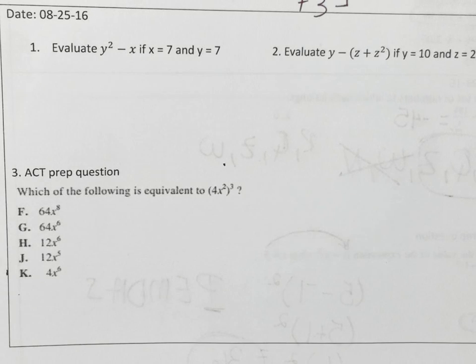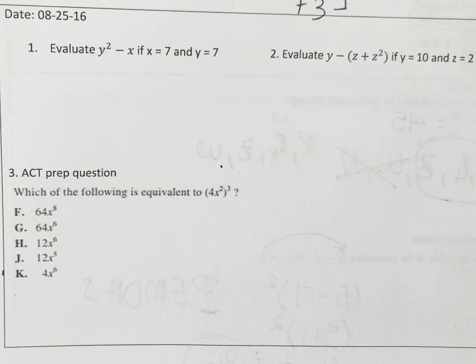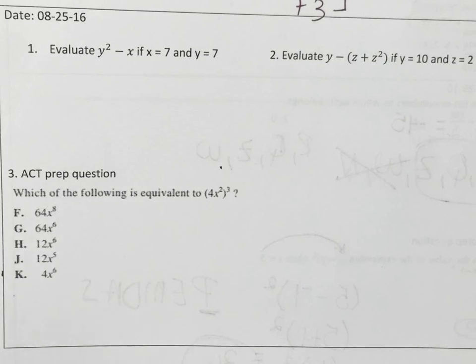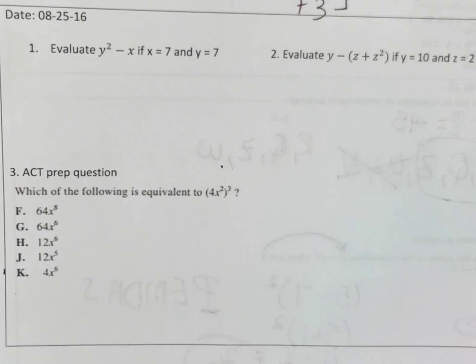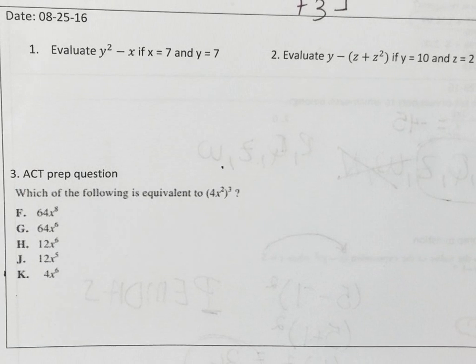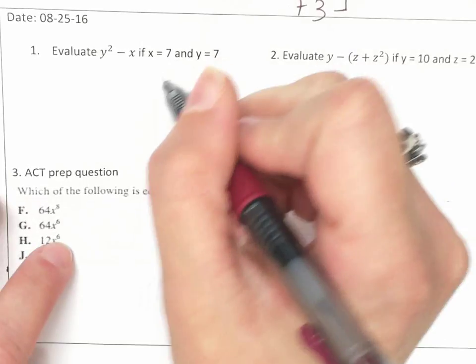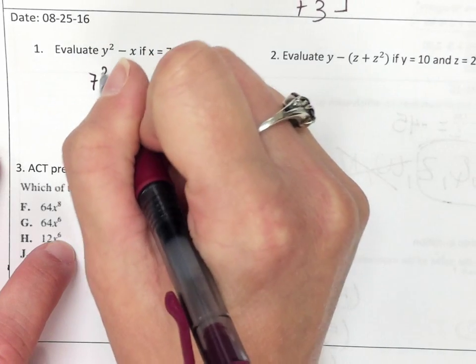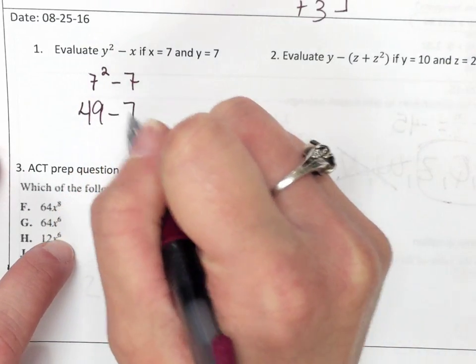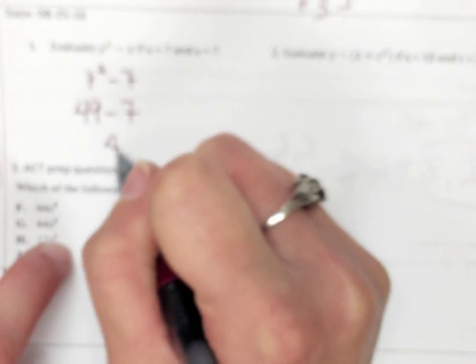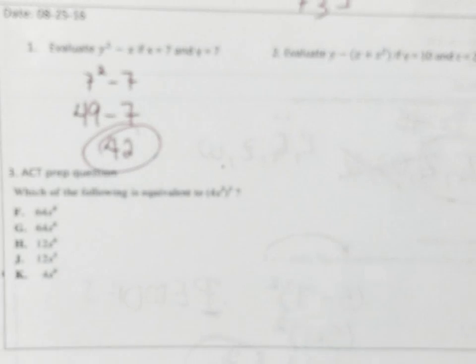Okay, Abby, what'd you do first on number 1? Okay, so they need to be 7 squared minus 7, right? So 7 squared is 49, minus 7 is 42. Very good job.